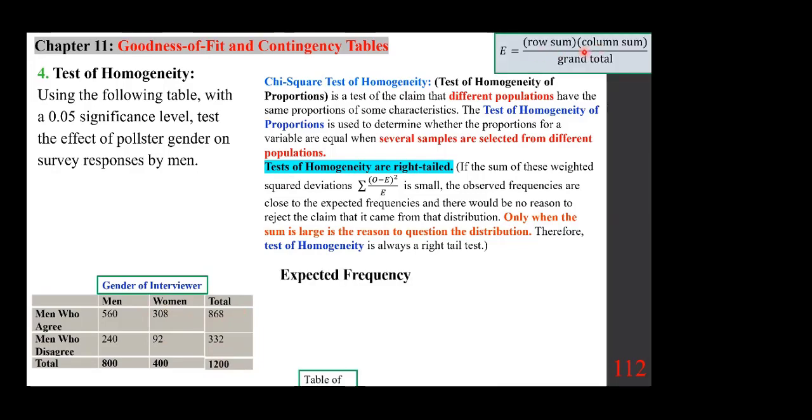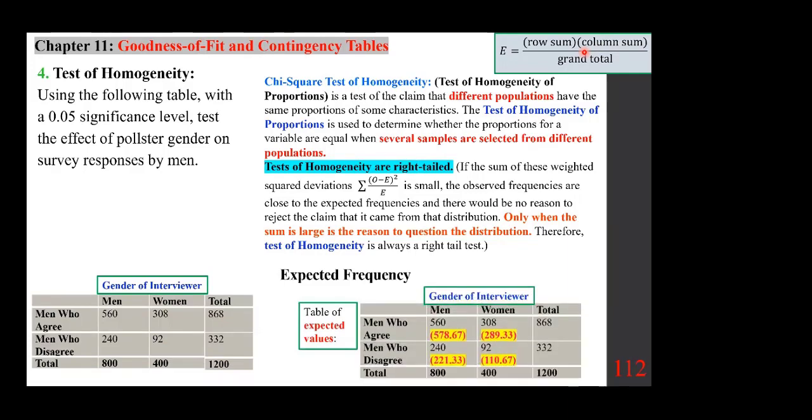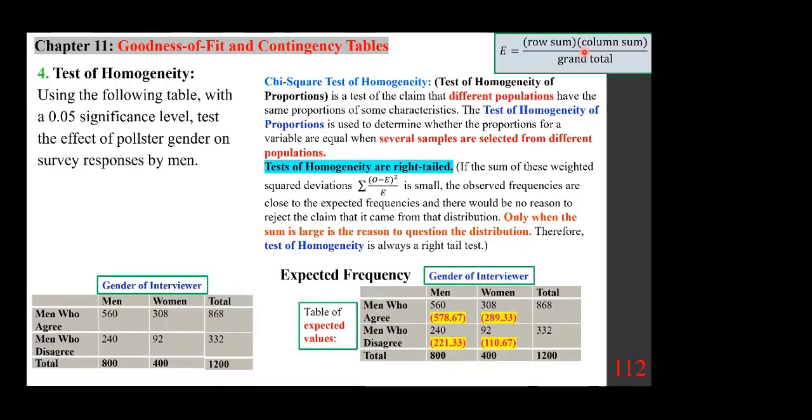Cell by cell, it has to be calculated, and we end up with the following. Again, the meaning is very simple. For example, if you look at this cell, when men were interviewed by men, those who agreed, there were 560 that were observed. If they are independent, we would expect it to be a little bit more, 578.67. That's the idea behind it.